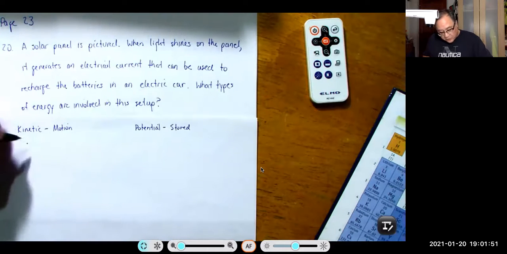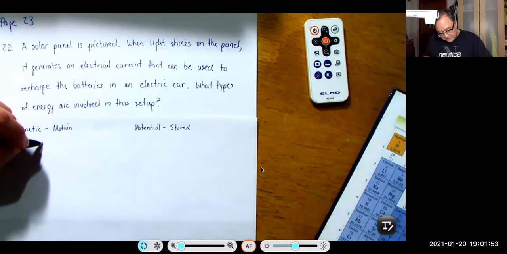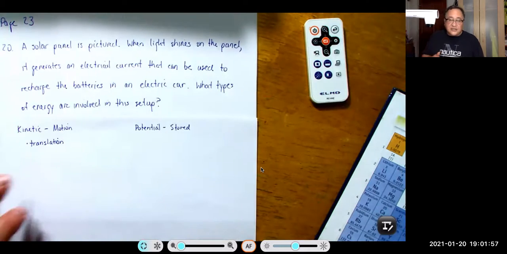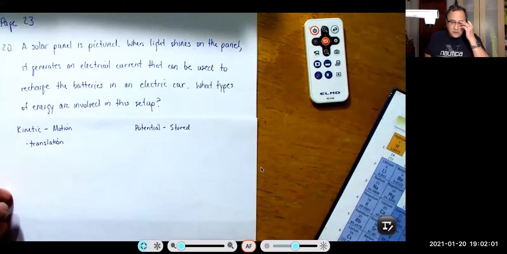One example is translation. So in the physical world, translation means moving from one place to another. So a ball being thrown to a catcher, that's translation. A river flowing downstream, that's translation. They're both examples of the same type of kinetic energy.